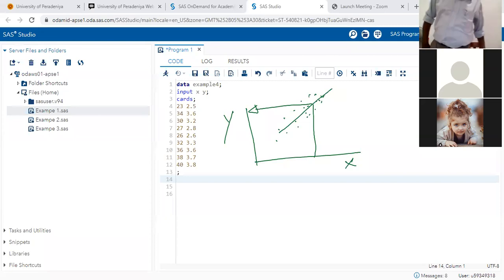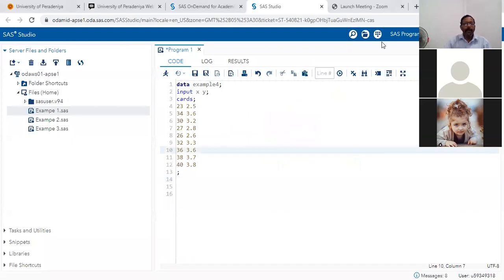Right. So now we want to perform the regression. Could you remember we talked about regression and correlation, then R square, the coefficient of determination. We can try all of this. Now this is my data.